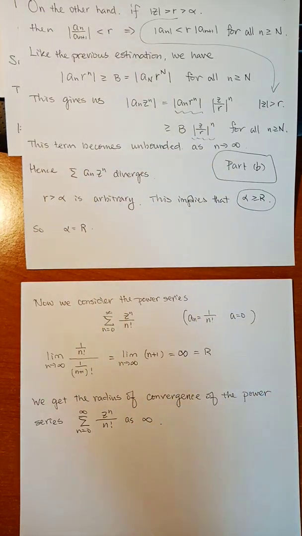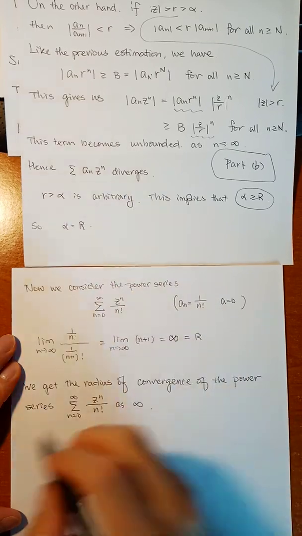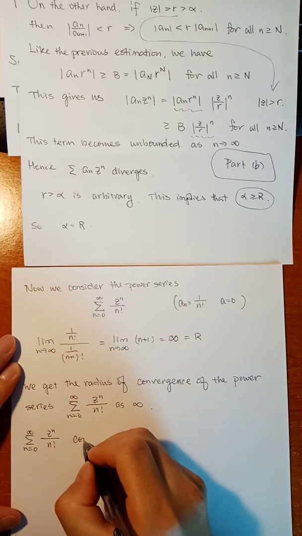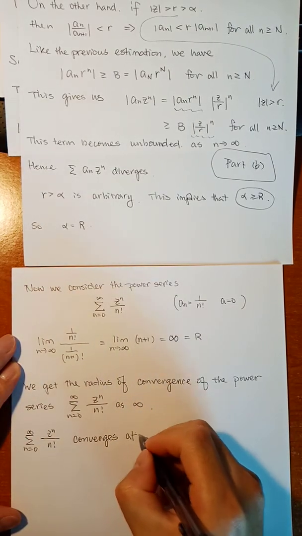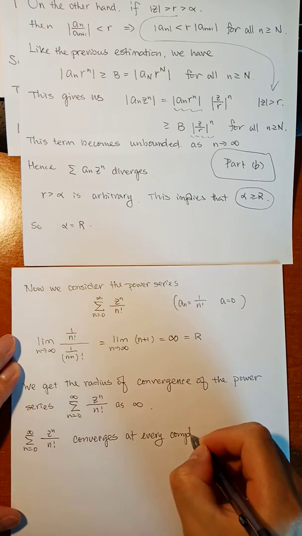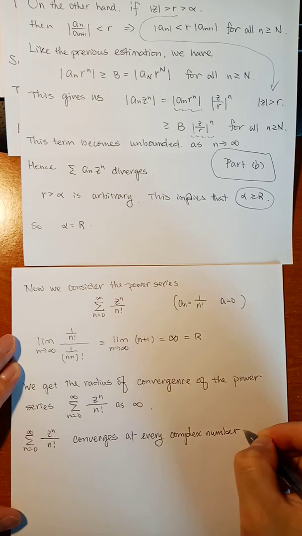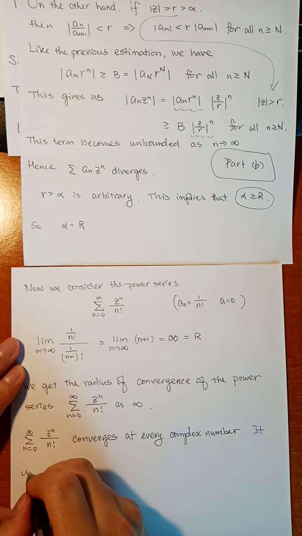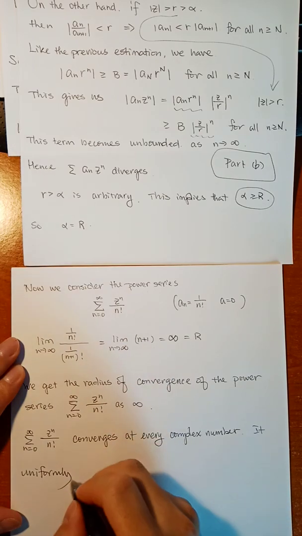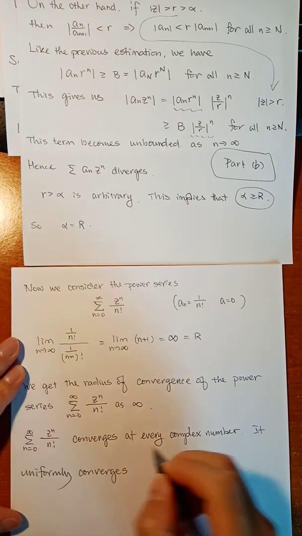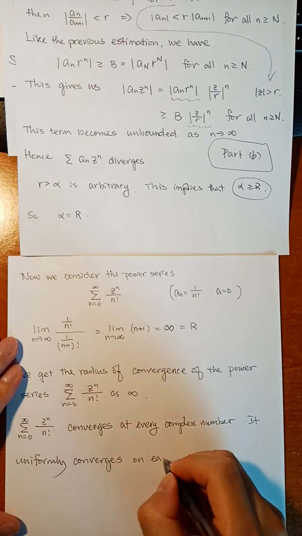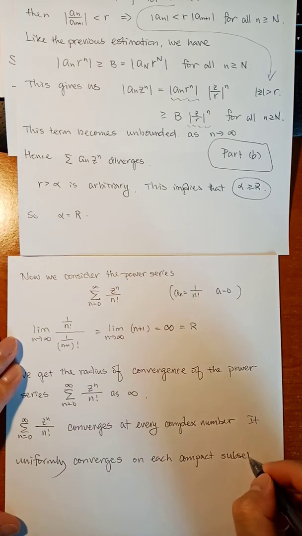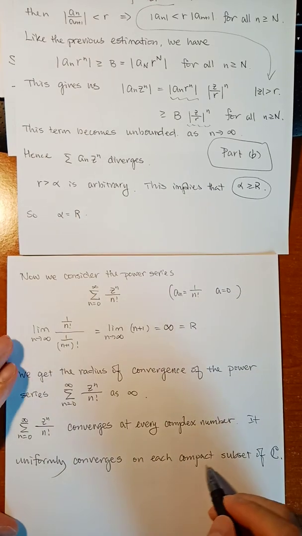So it means it converges at every complex number, and it converges uniformly on each compact subset of C. Well, it's not just compact.